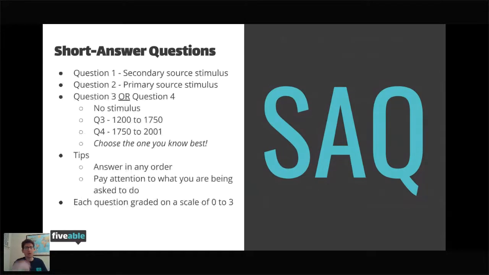Question number 1 on the SAQ. And this is prescribed by the College Board. If you look at the course description from the College Board, they go ahead and tell you this up front. There are no surprises at all in this exam. There should not be any if you understand how the exam is structured. Question 1 will have a secondary source stimulus. So it'll have some sort of historian writing, somebody you might be familiar with or not. In past years, I've seen some examples with stuff from Jared Diamond and other historians.